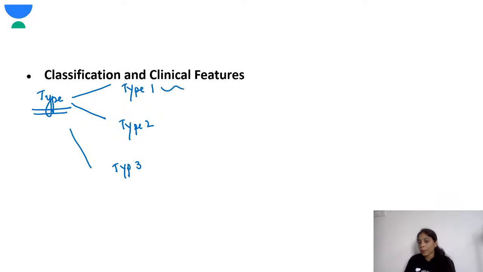So what is type 1? In type 1, there is some amount of von Willebrand factor present. So this is a quantitative defect.